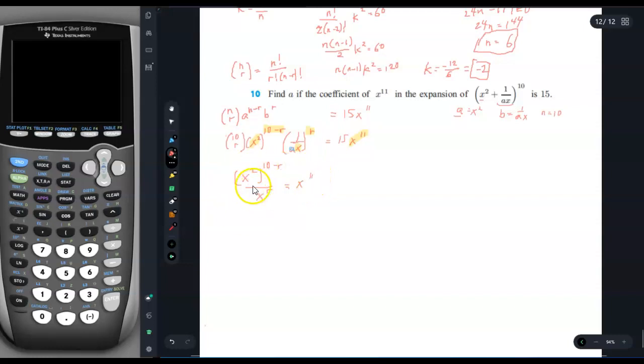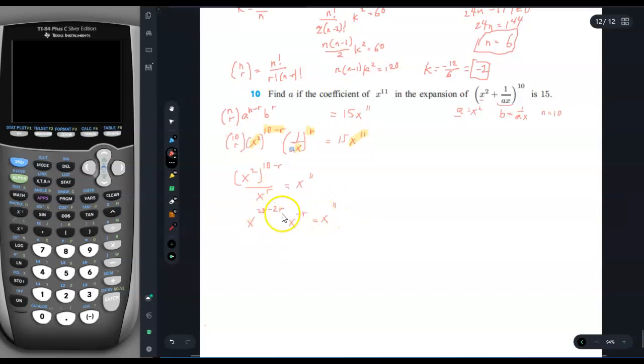Okay, so let's simplify this left side so that it's just one exponent expression. So x to the 2 to the 10 minus r would be, we're going to multiply 2 times 10, that would be 20. We're going to multiply 2 times negative r, that would be minus 2r. And then we're going to change x to the r to a negative exponent to bring it to the numerator.